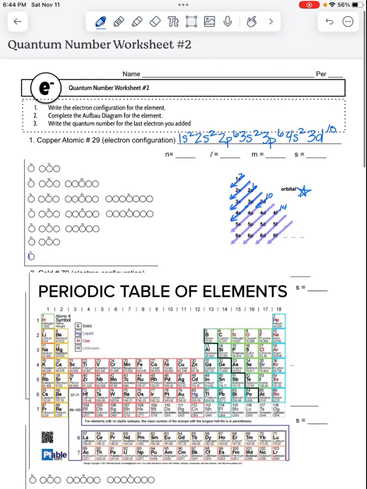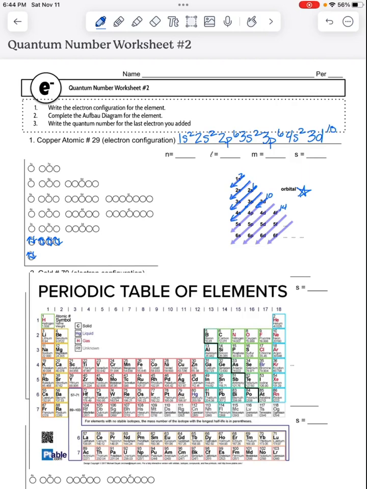So first I go in my 1s, then I fill in my 2s, and notice I fill 1 in each orbital, and then I double up. I'm going to do the same thing in p. I know I have to put all 6 in, but I am going to pay close attention that according to the rules, I spread them out first, and then I double up, and they will have opposite directions as I draw them. And then I did my 2p.